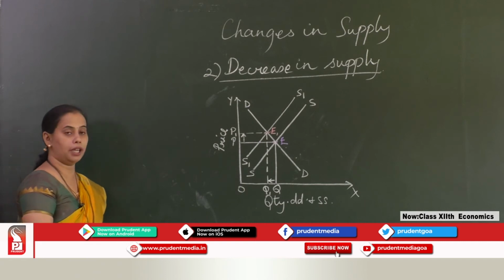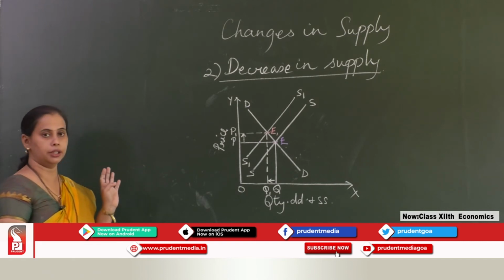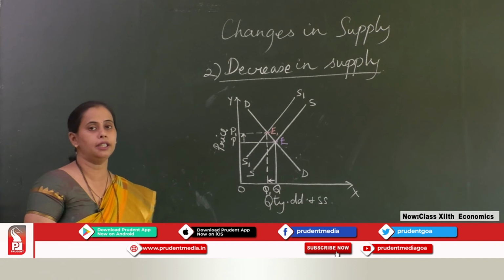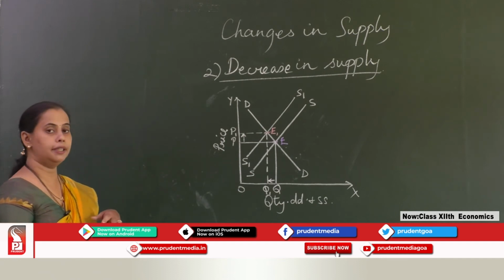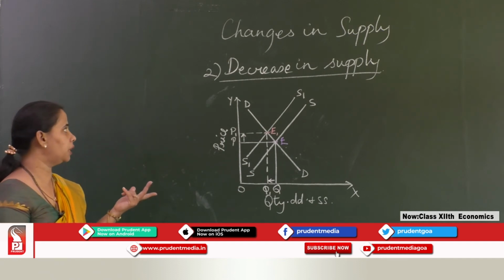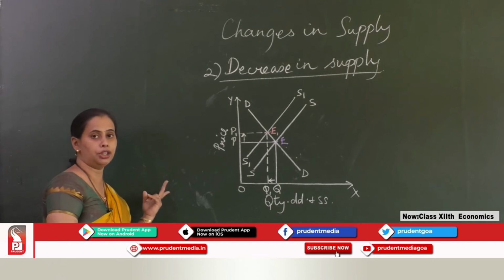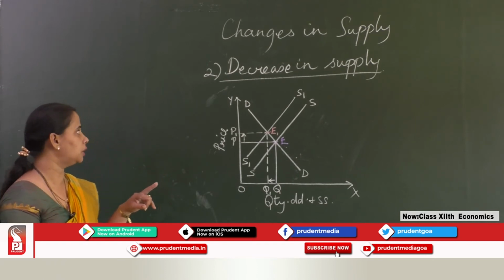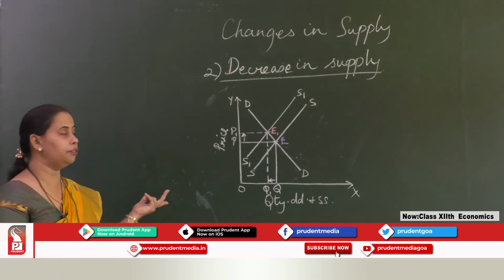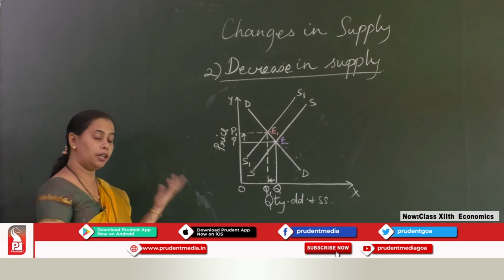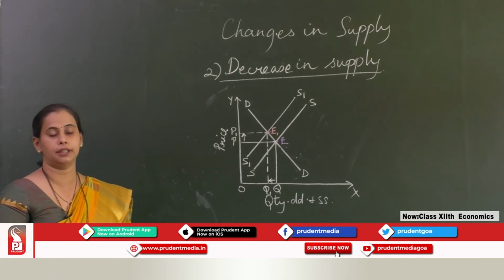So, till now we have seen the 4 changes in which either the demand or the supply is changing. In the first 2 cases, we have seen where only the demand is changing and supply is remaining constant, and in the next 2 cases we have seen where the demand remains constant and there is a change in the supply.